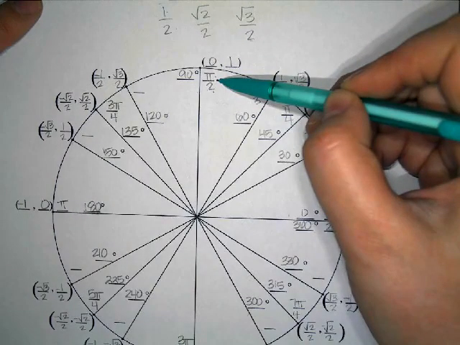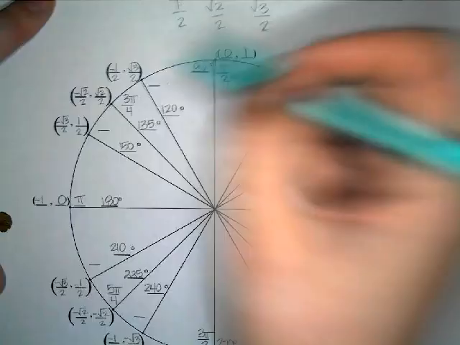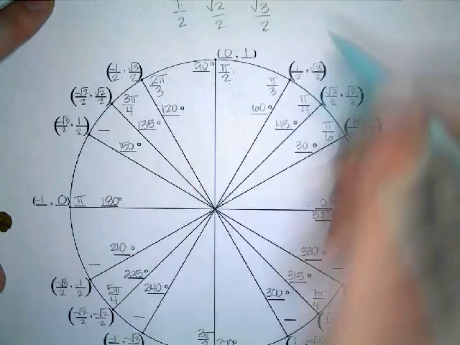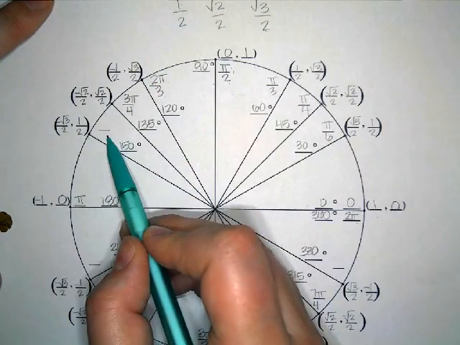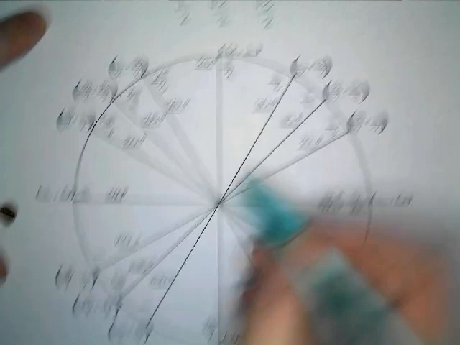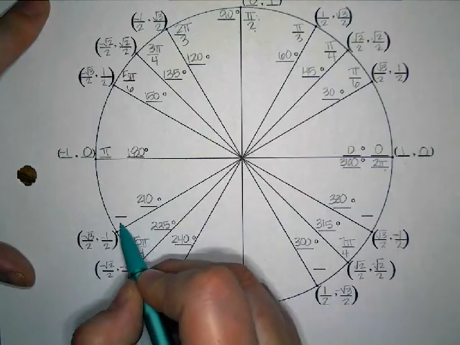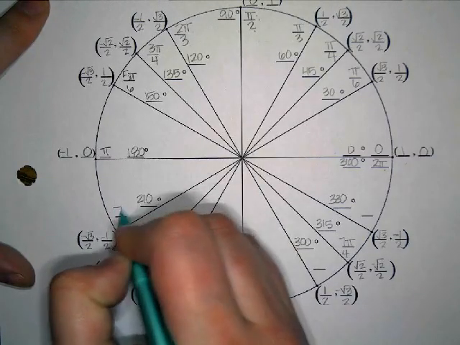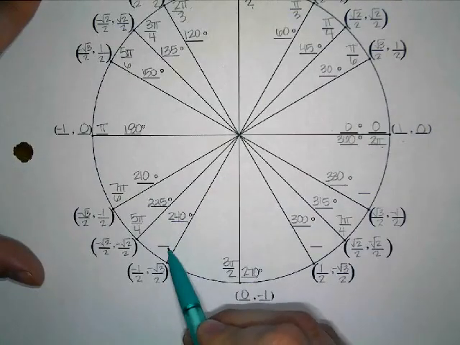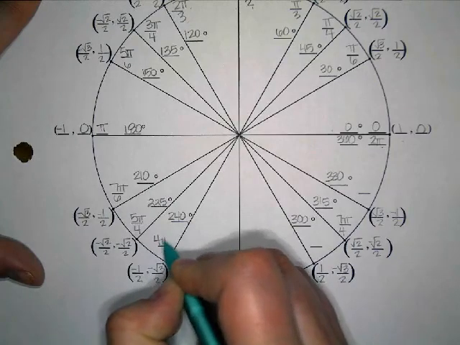This is 4/6, which is 2/3. This is 5/6. Okay, this is 6/6. This is 7/6. Okay, this is 8/6, which is 4/3.